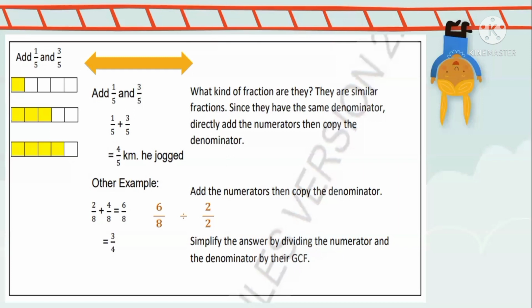So we need to simplify the answer by dividing the numerator and the denominator by their GCF. Take note, simplify the answer by dividing the numerator and the denominator by their greatest common factor. So the greatest common factor of 6 and 8 is 2. So make sure you divide both numerator and denominator by 2.